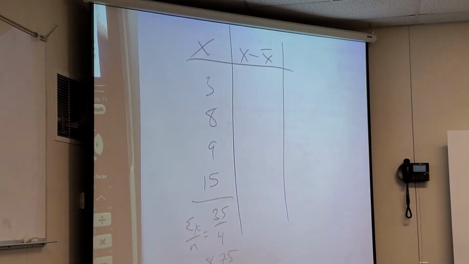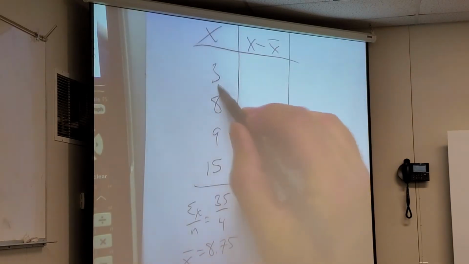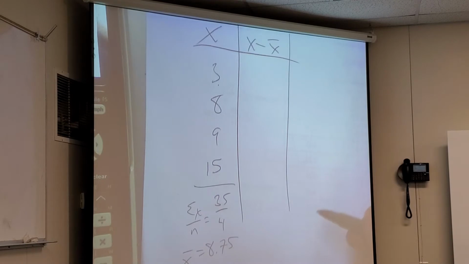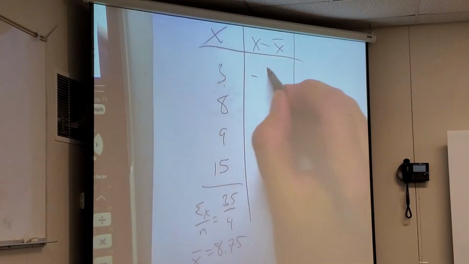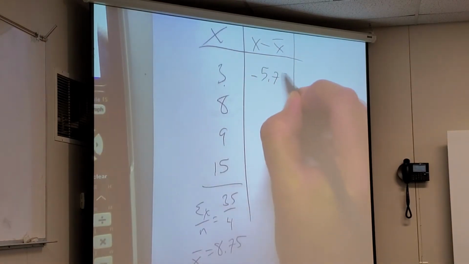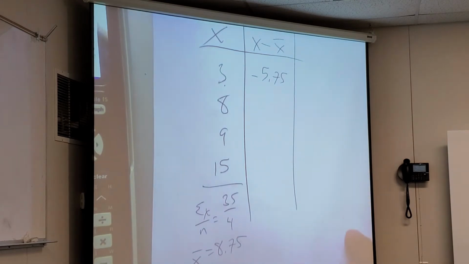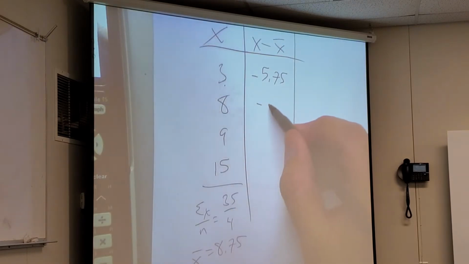So if you want to, we could try to do this whole thing without the calculator, and then I'll show you how you get the same stuff in the calculator, right? Because all I got to do here is 3 minus 8.75. Yeah, negative 5.75. And then 8 minus 8.75 is just negative 0.75.